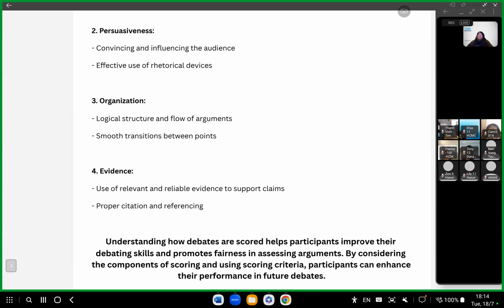And secondly, the effective use of rhetorical devices. So what that means is that there's a list of techniques. I usually teach 10 techniques, but there are more out there.